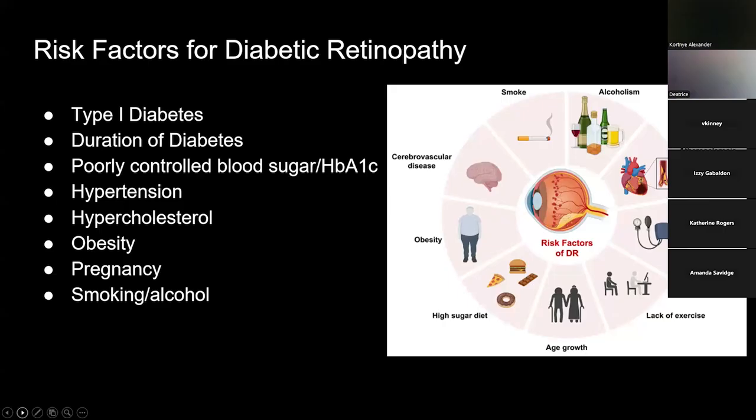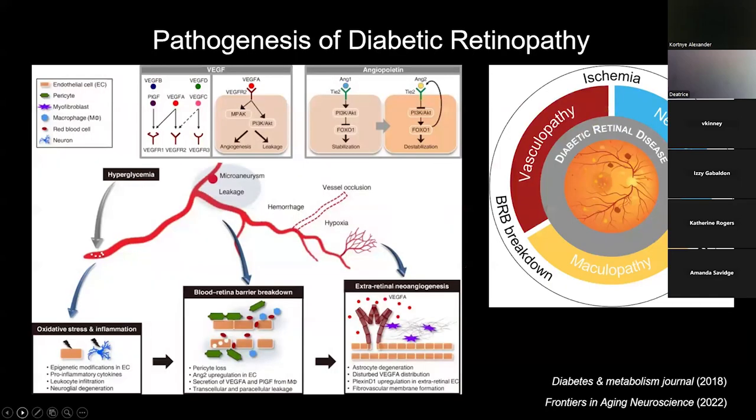Patients who have never been diagnosed with diabetes can develop diabetes during pregnancy. And for patients who were diabetic, pregnancy can further increase the risk of diabetic damage, including diabetic retinopathy. Other potential factors that can be modified are smoking and alcohol. Those also can contribute. We can move on to the next slide.